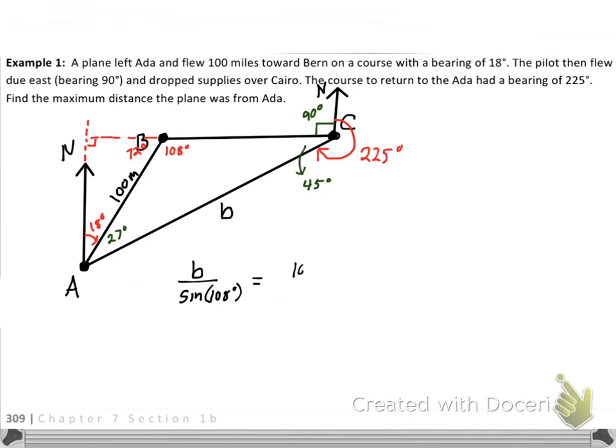That equals 100 over the sine of 45. And so b is just going to equal the sine of 108 times 100 over the sine of 45 degrees.